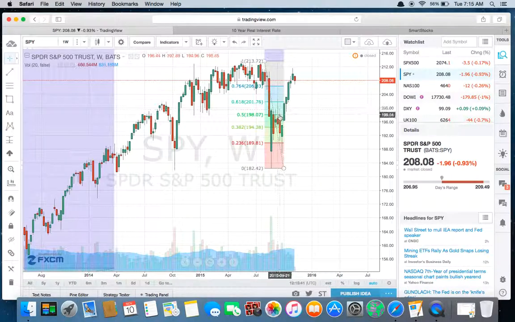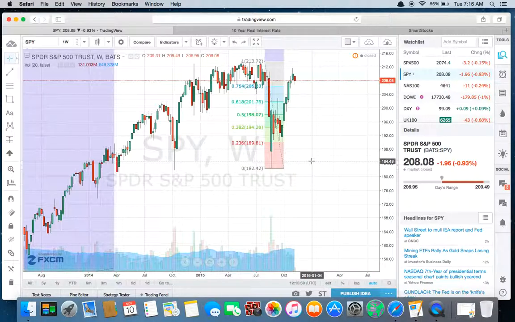But do recognize that a closing below 198.07 does not necessarily negate the move we saw in October, but it does tilt the balance of the trade back to where it was, meaning there were basically 50-50 odds of markets trading higher or lower.